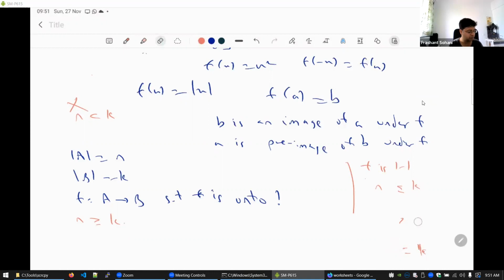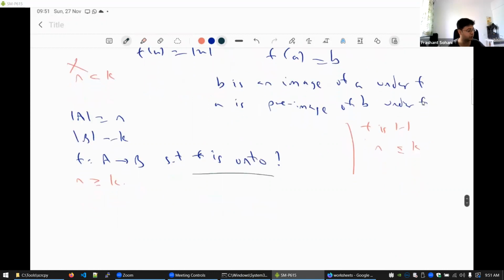Okay, so then suppose we are given numbers n and k such that n is greater than or equal to k. Still the question remains, how do we count these onto functions? We can start with a numerical example. So let's say n is equal to 4, mod A is 4 and mod B is 3. So you have 4 elements in the first set and 3 elements in the second set.